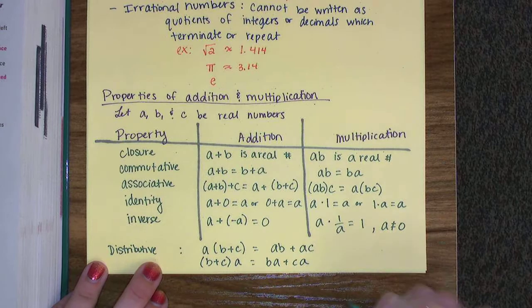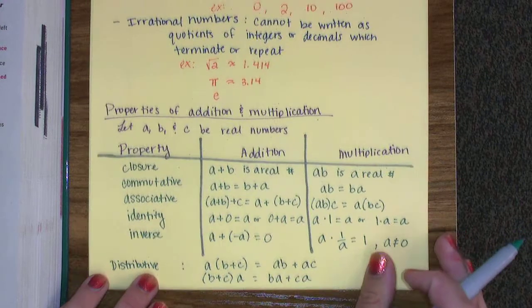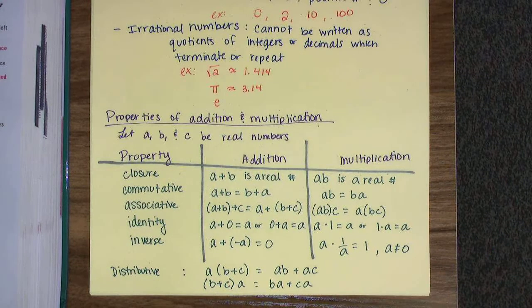So these are big properties. You need to memorize these. You have to know them. But we'll actually use them in the examples and stuff moving forward.